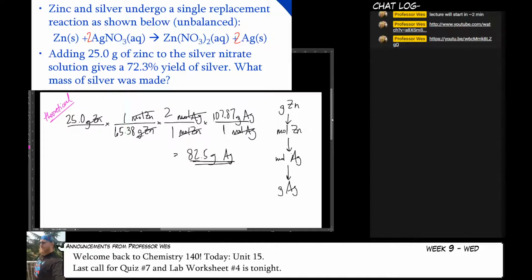Now, my percent yield is actual over theoretical, times 100%. I know what the percent yield is, that's 72.3%, and I know what my theoretical yield is, so we can solve again for actual.